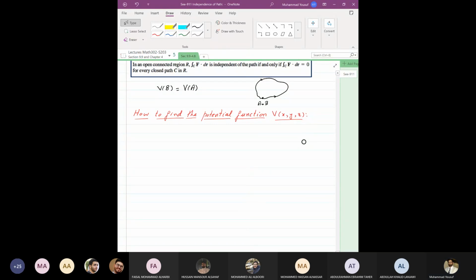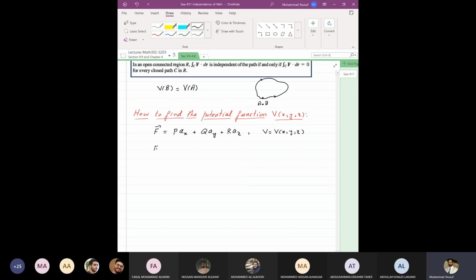But so far we did not say anything about how to find the potential function phi. So we are using F equal to P ax plus Q ay plus R az, with P, Q, R functions of x, y, z, and V is a function of x, y, z.